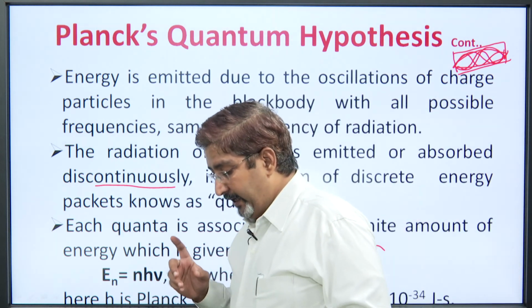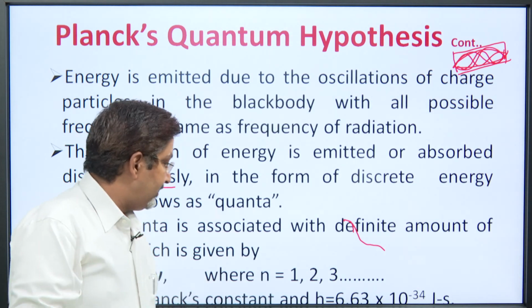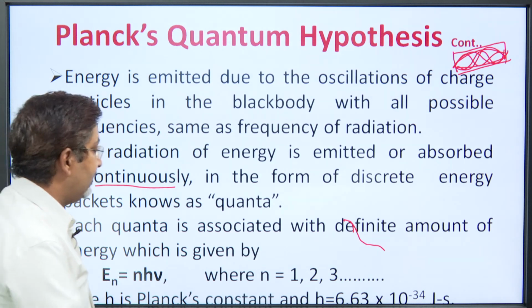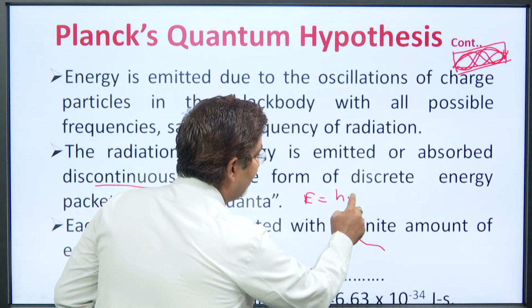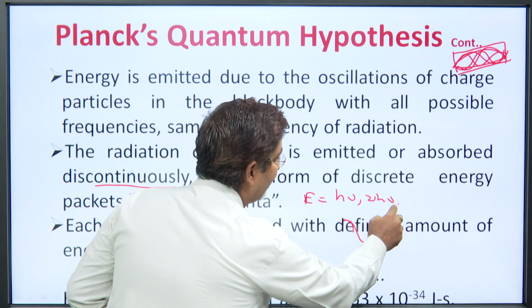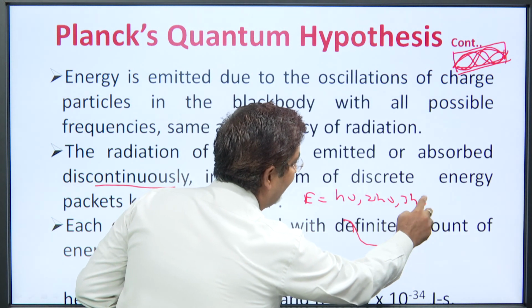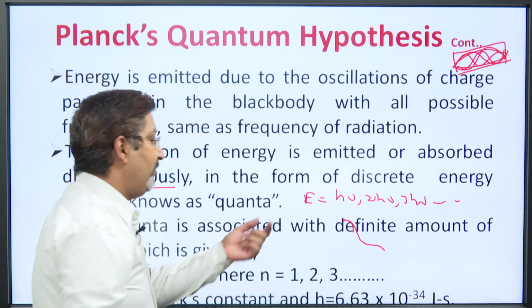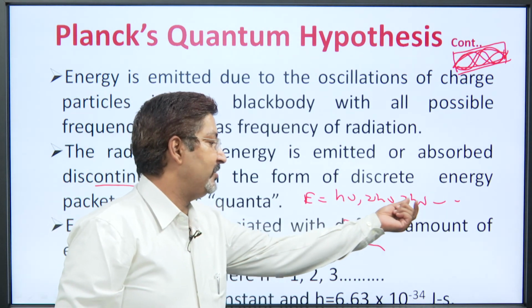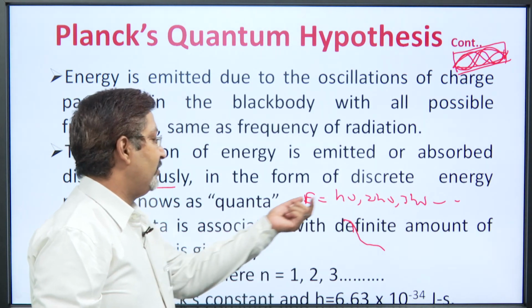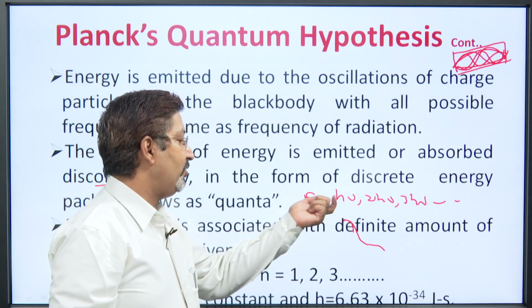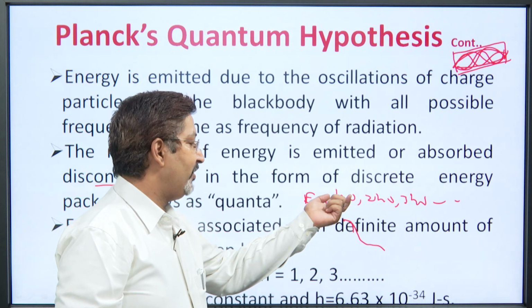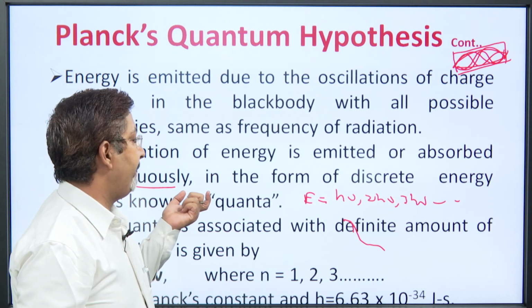So, always this energy E is equal to h nu or 2 h nu or 3 h nu and so on. So, it is an integral multiple of some value, that is quanta, that is known as photon energy, the quantum energy E is equal to h nu, and this wave packet is known as photon.